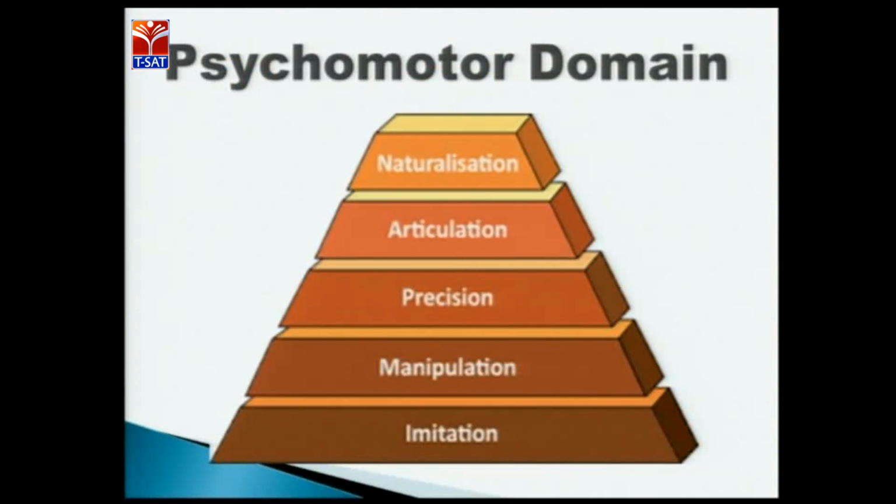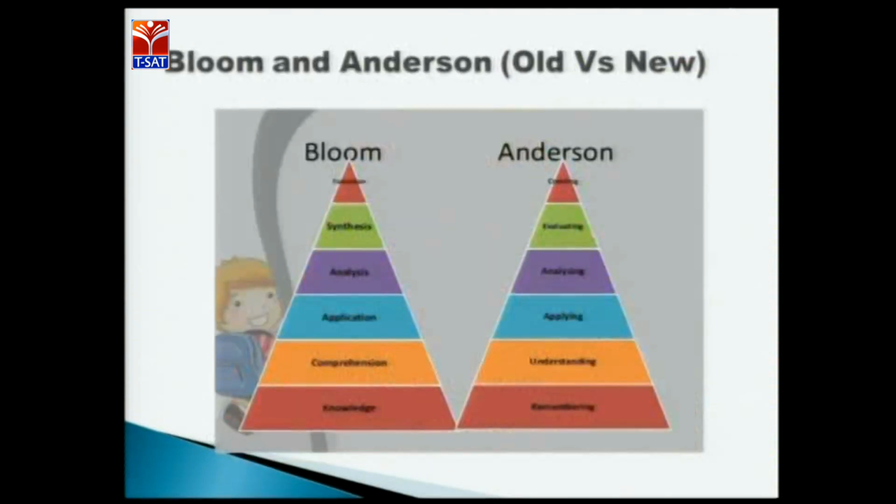After refinement they get the exact way of doing, and finally they express, articulate the things, and the action finally becomes a natural process. It becomes natural for the child. He acts very easily, and he handles the tools with ease. And when we look at playing different games, or even riding bicycles, or any physical activity, it starts with imitation, and finally it ends with naturalization.